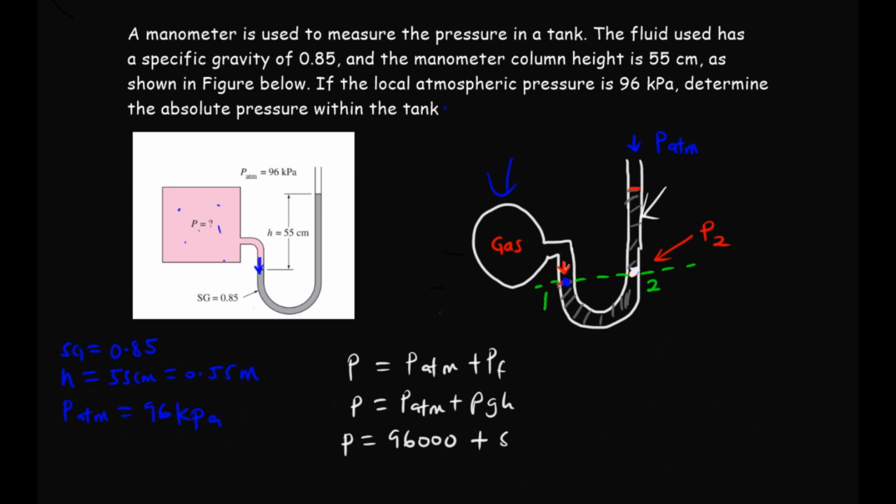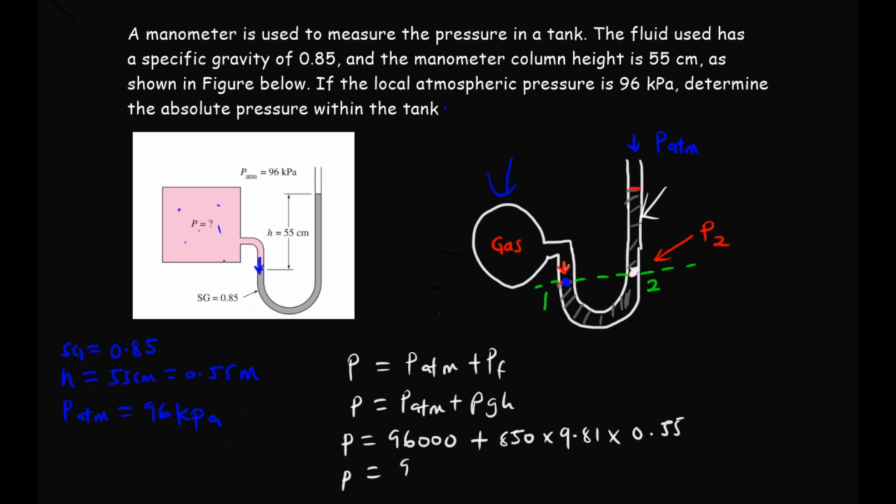We know rho to be 850, then times acceleration due to gravity, which is 9.81, times the height, which is 0.55 meters. Let's sum up all these values and see what we get.